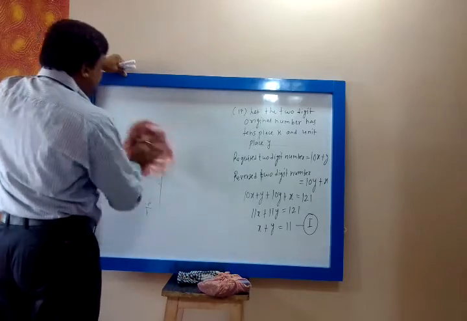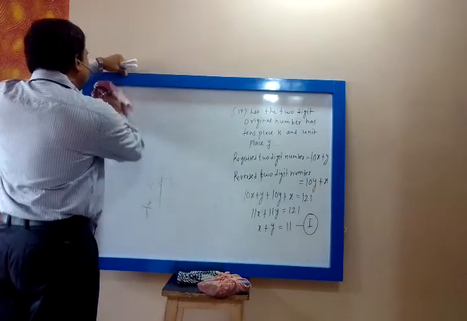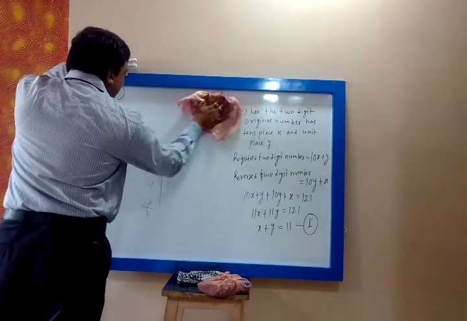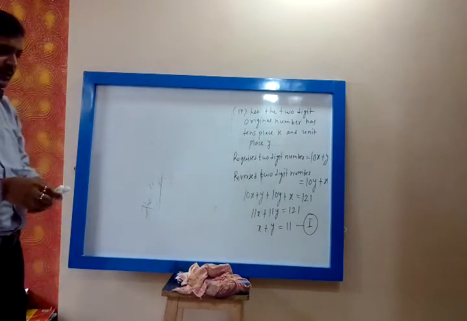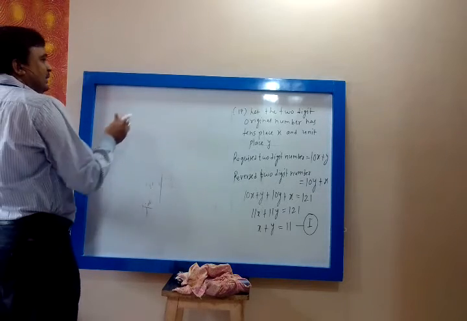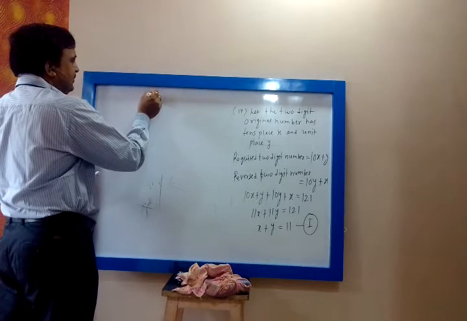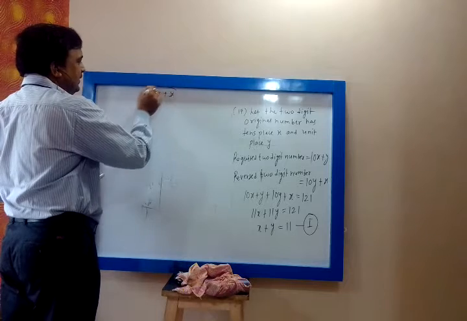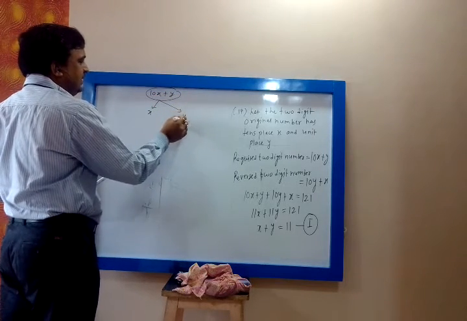Now see. There are two digits in the original number. 10x plus y is my number. This has unit place y, tens place x.